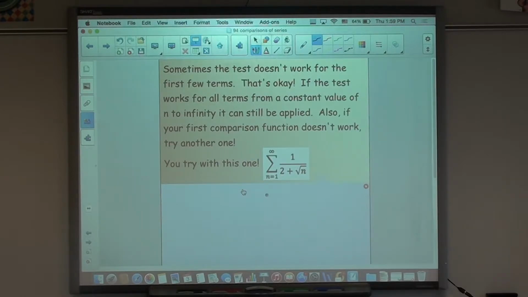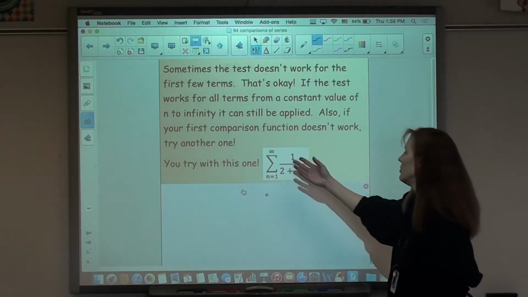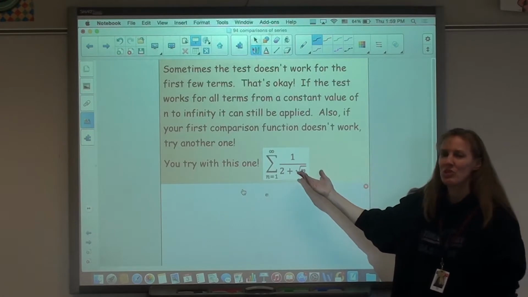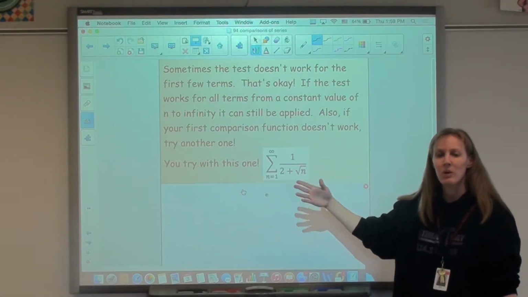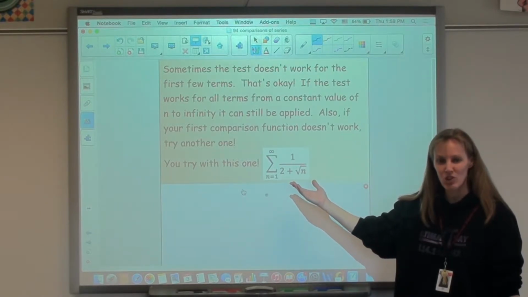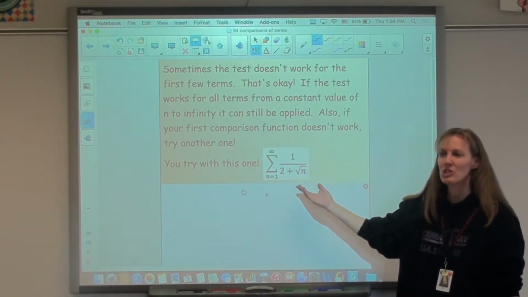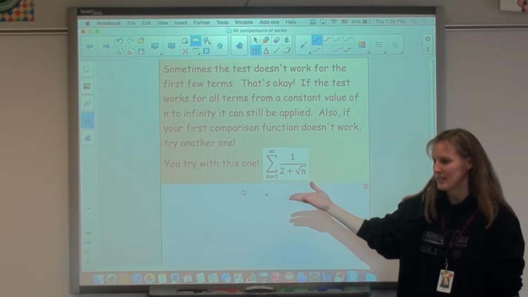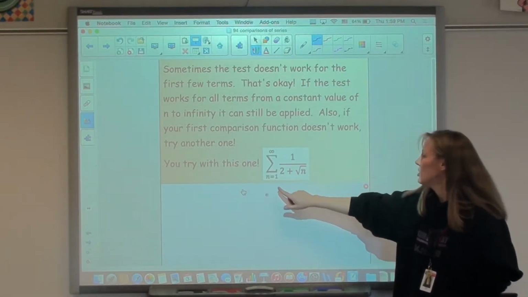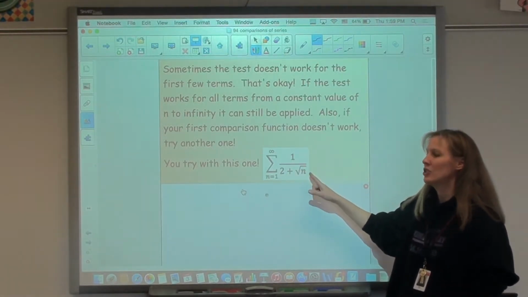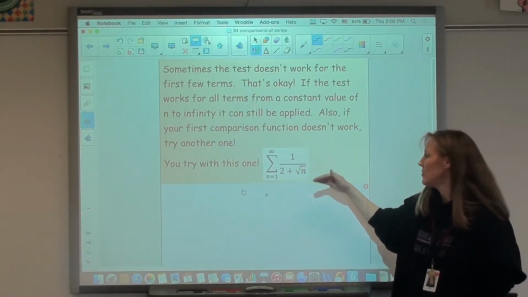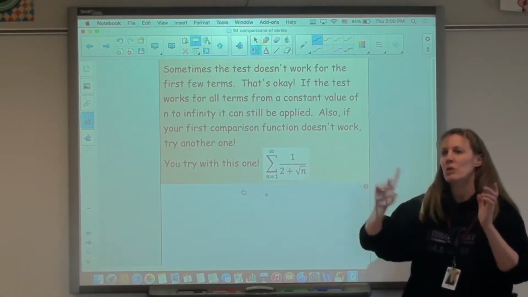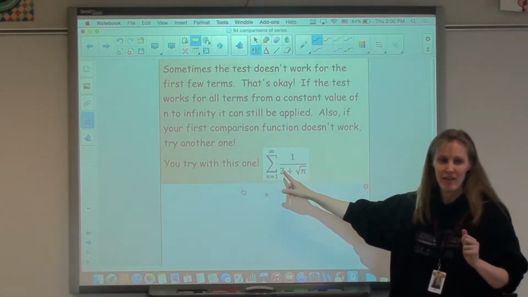All right, so if 1 over n is bigger than the first function, what function would you think of to use for this? 1 over root n, right? Now, does 1 over root n converge or diverge? It diverges based on the p-series test. So in order for this to have meaning, since the function we're comparing to diverges, we would want this to be greater than that function.